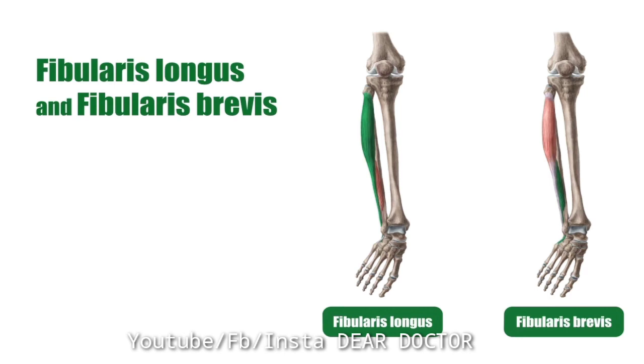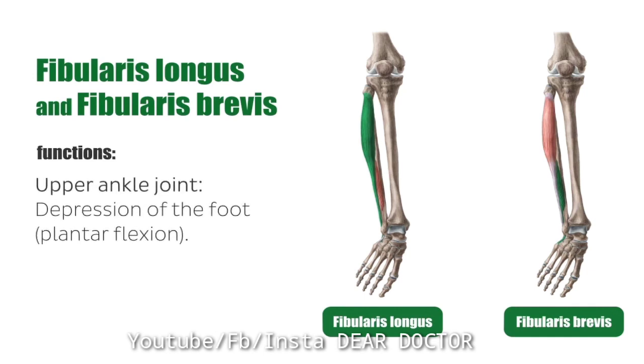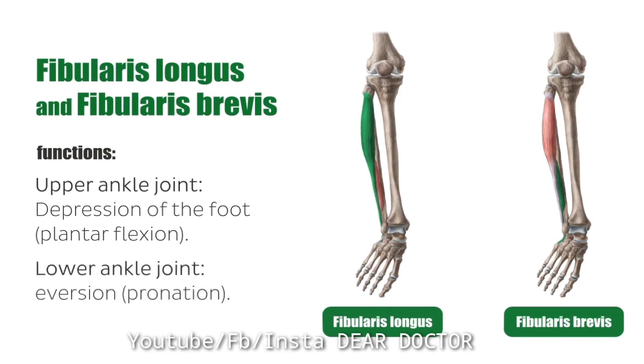And in the upper ankle joint, they will perform depression of the foot, so plantar flexion, as their tendons run behind the flexion extension axis. While on the lower ankle joint, their contraction leads to an eversion or pronation, which means that the medial foot edge is lowered, whereas the lateral foot edge will be rising.